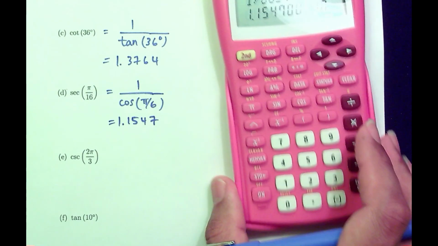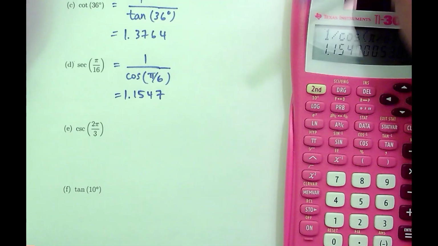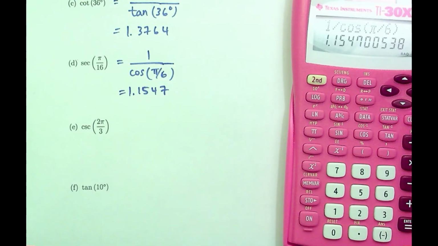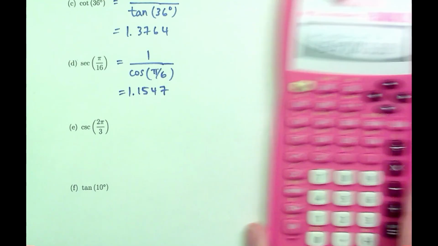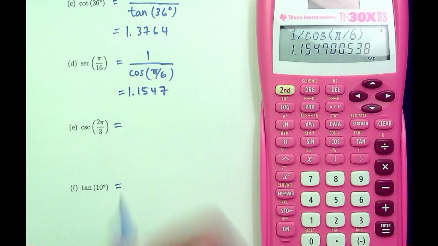Okay, last two. You should take a moment and try to do the last two. Make sure you find all your pi buttons, your tangent buttons, and know how to switch back and forth between the two. Give these two a shot. All right, let's do them now.